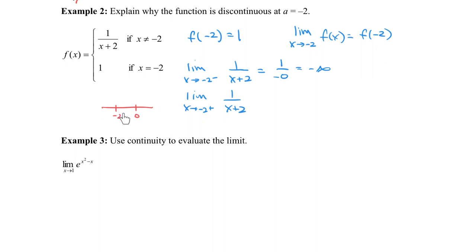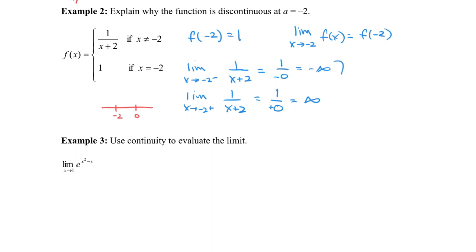These values have a magnitude less than 2, but they're negative, which means the denominator is going to be really tiny but positive. The numerator is locked in at 1, so these are really tiny but positive values, and the limiting value is positive infinity.